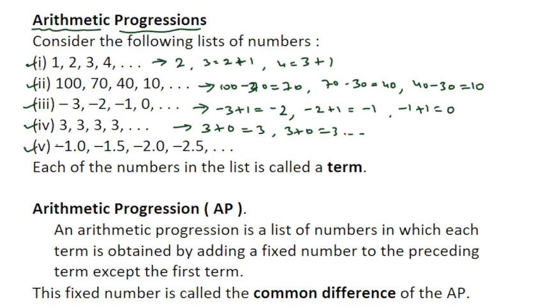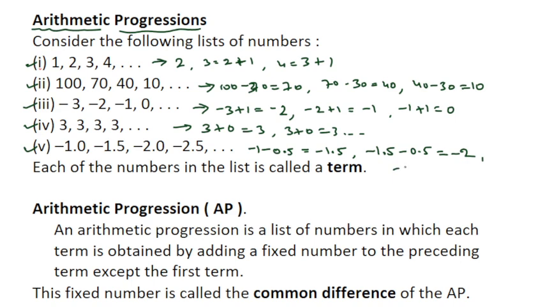In the fifth example, minus 1, minus 1.5, minus 2, minus 2.5. Here minus 0.5 is added to the previous number. That is minus 1 minus 0.5 is minus 1.5. Minus 1.5 minus 0.5 is minus 2.